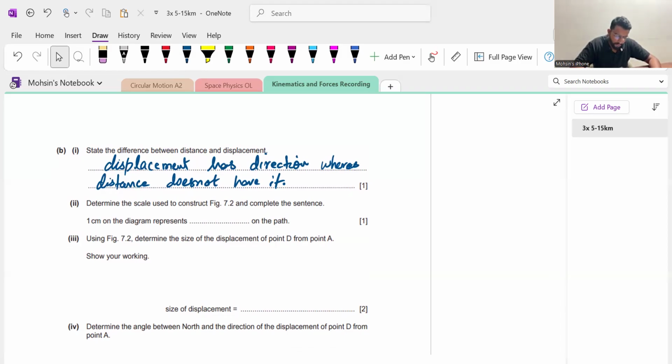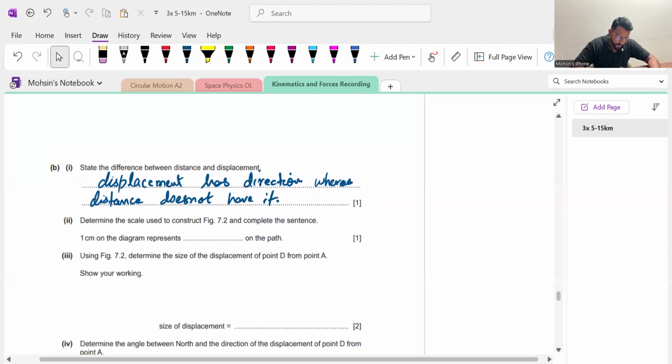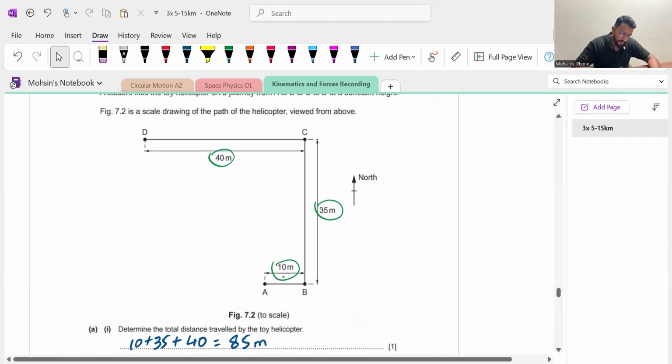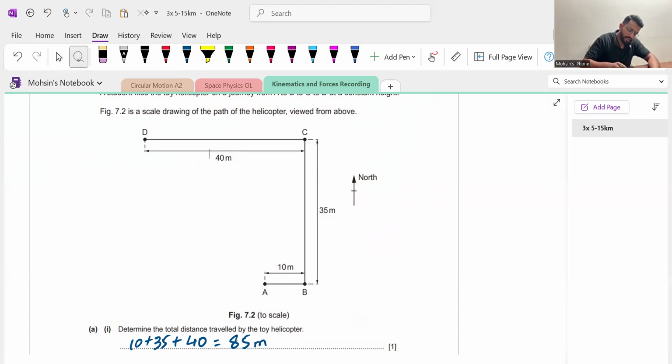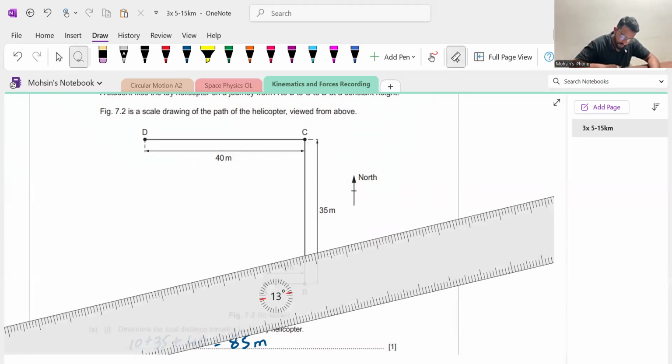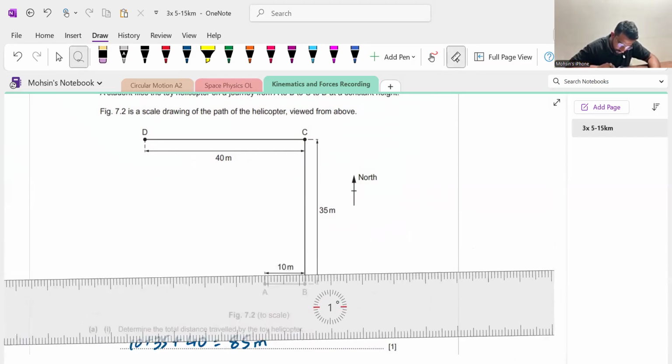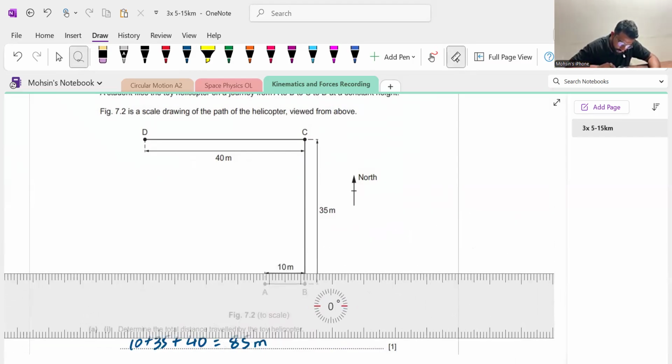So what we are going to do here is put our scale on any of these distances and check what is the distance. But obviously, the size of this picture is not exactly the same as that printed on that paper. So right now I will check the answer from the marking scheme.